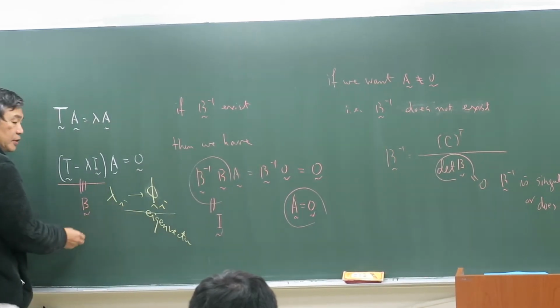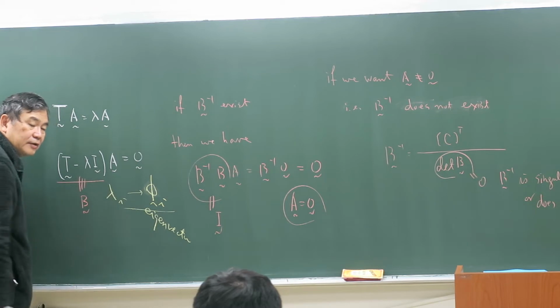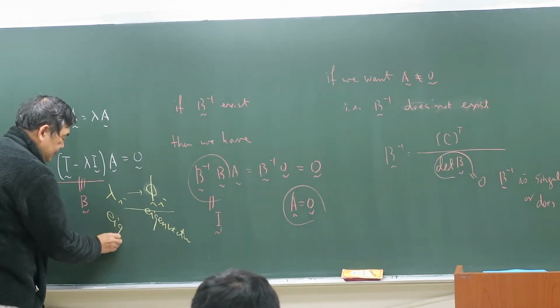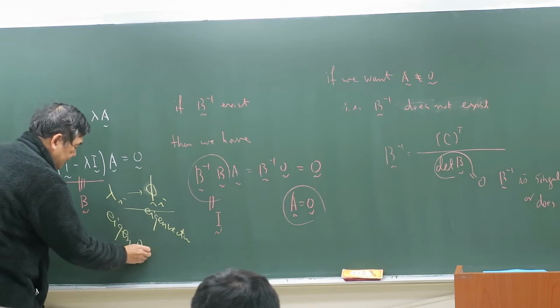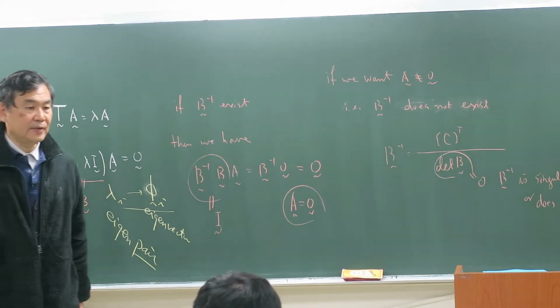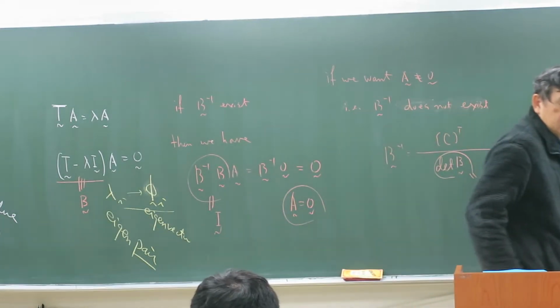So we call it an eigenpair. Each eigenvalue with a corresponding eigenvector. So we call this an eigenpair. Okay. So that's what we call eigenvalue analysis.